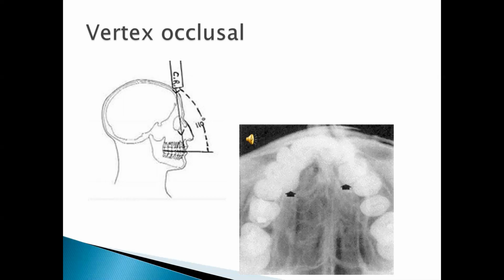Then it has to create an image of the maxillary teeth. Okay, so this is known as a vertex occlusal, although it is not very commonly used nowadays, because of newer techniques such as the CBCT and the panoramic. It is still of historical importance. Okay, this radiograph is known as vertex occlusal, not very popular as the other occlusal techniques.